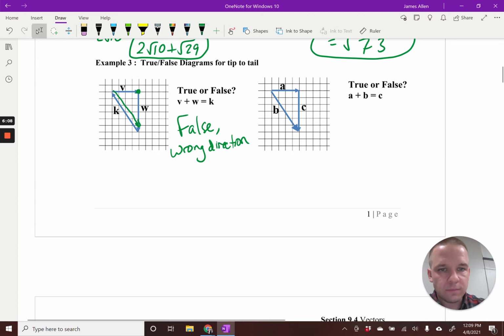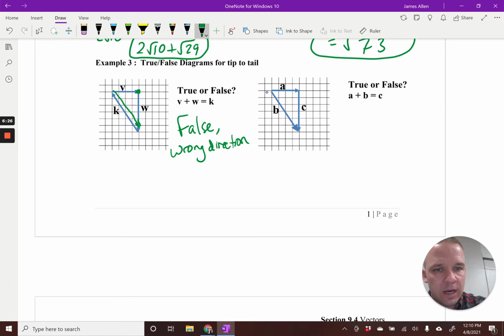All right. Next one. A plus B, is that equal to C? Well, we would actually need to use, in this case, because we don't have the tip to tail method going on here, do we? We're set up more for the parallelogram method.